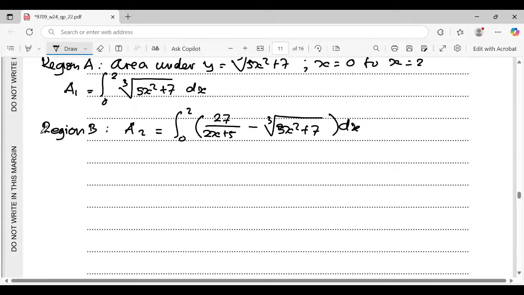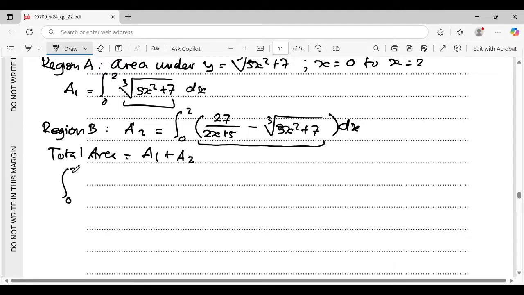So it means that the total area equals A1 plus A2. So this is this expression plus this expression. Plus this expression means this one minus this one equals 0. So the total area becomes the integral from 0 to 2 of 27 over 2x plus 5 dx. Fine.